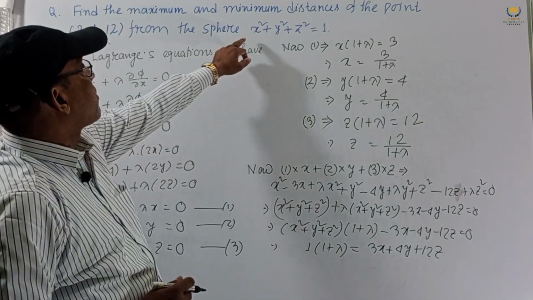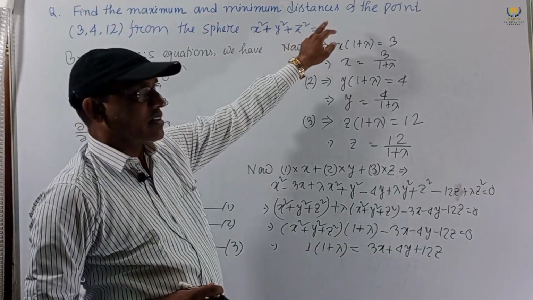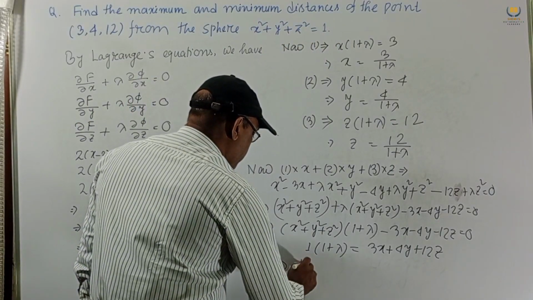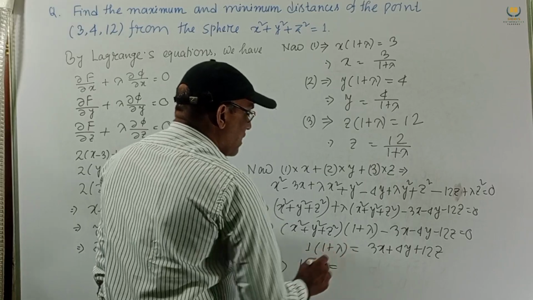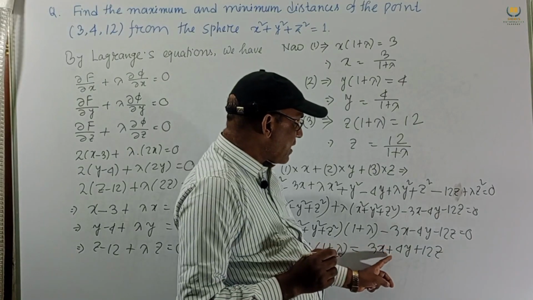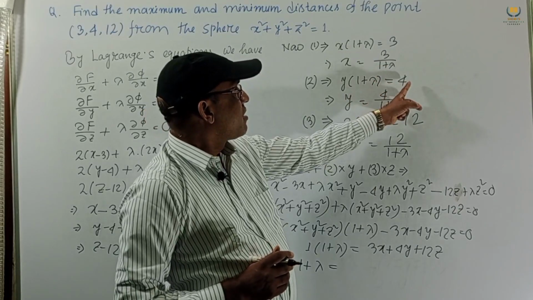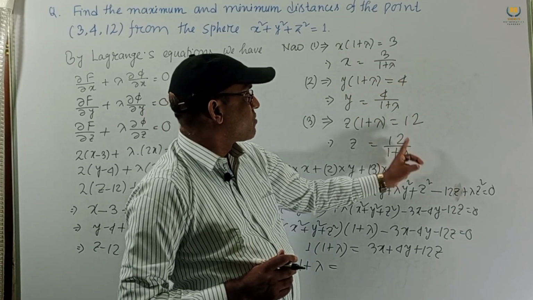This value is lambda because x square plus y square plus z square is lambda, and we get this 1 plus lambda. Now putting the values of x, y, z: x means 3 by 1 plus lambda, 4 by 1 plus lambda, and 12 by 1 plus lambda.